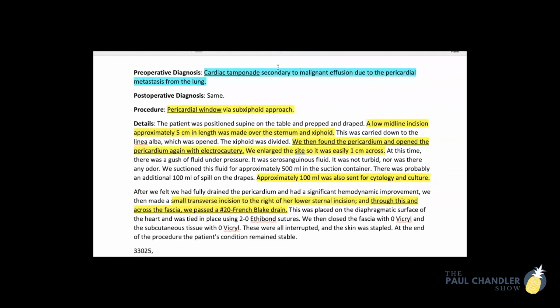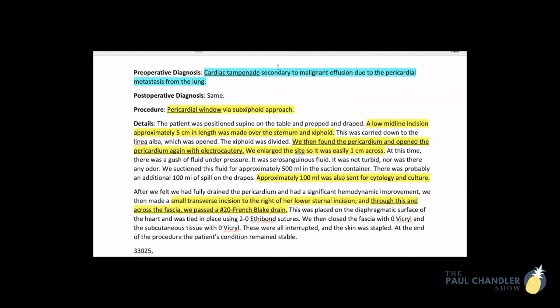Okay, so I'm going to look up I31.4. And yes, this ICD-10 font gets smaller and smaller every single year, it seems like. 31.4, where'd you go? 31.4, there you go, cardiac tamponade.